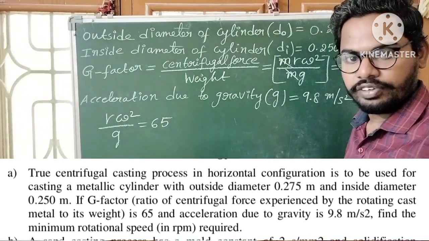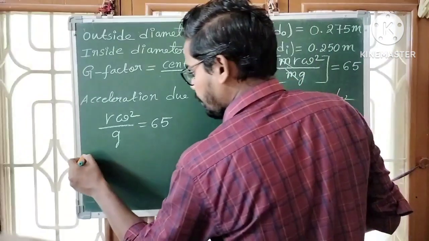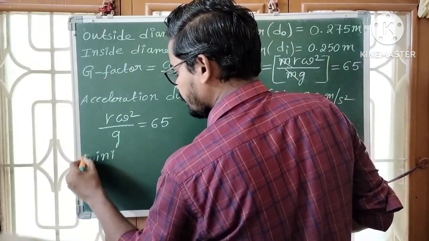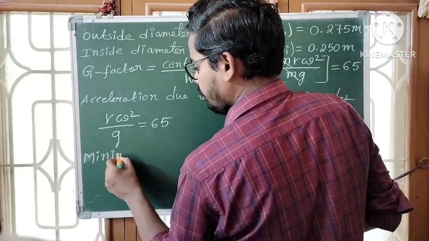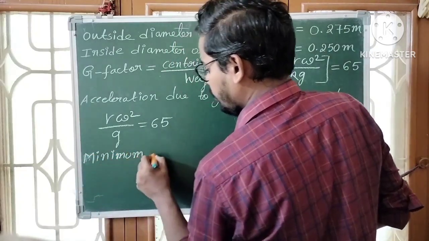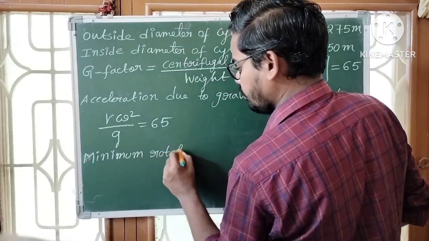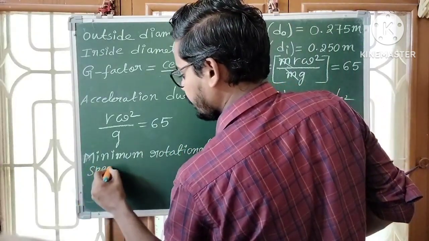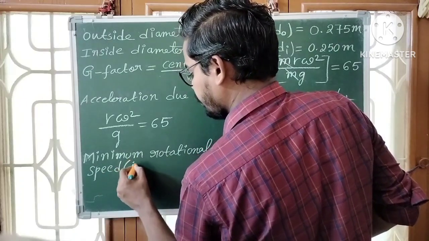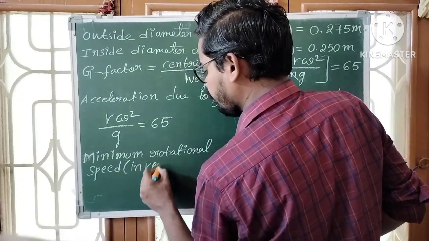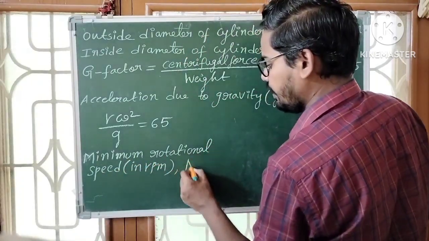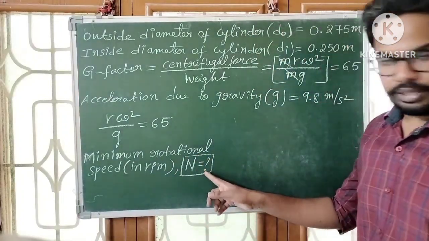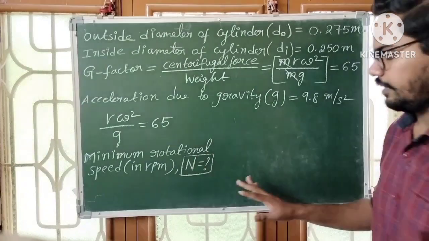Here we have to find the minimum rotational speed in RPM. We have to find N. Rotational speed is denoted by capital N, and at last we need capital N in RPM.